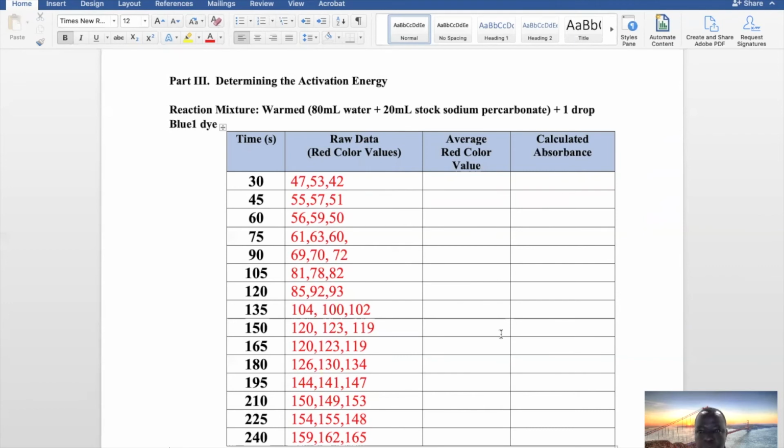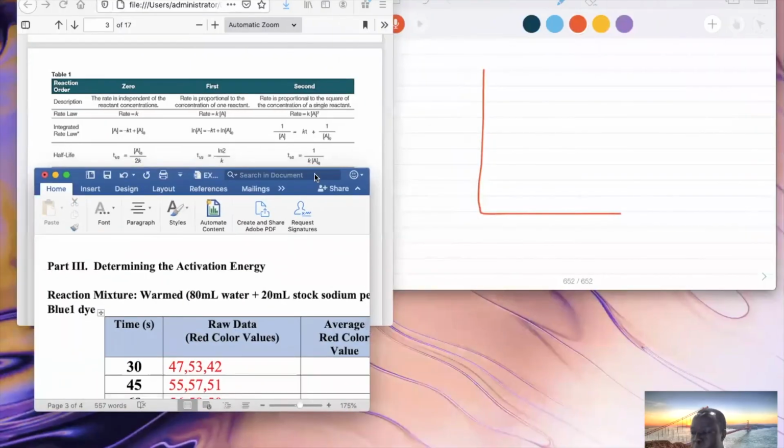So with this, let me say, for example, I'm just making this up. Do not think that this is going to be the case. I don't know what it's going to be. Let's say I plot one over absorbance, APS, like that, for second order, all right? And then I end up with positive slope.